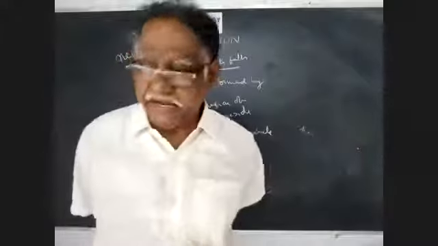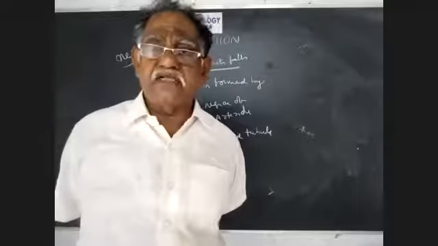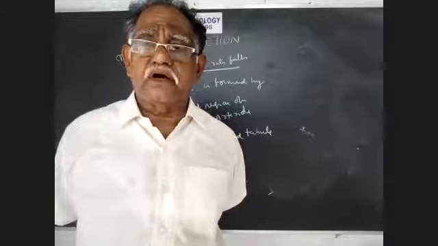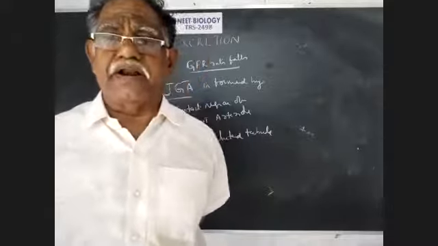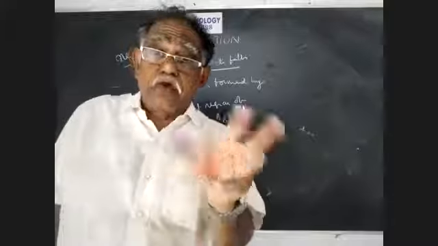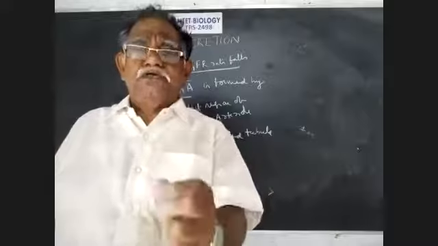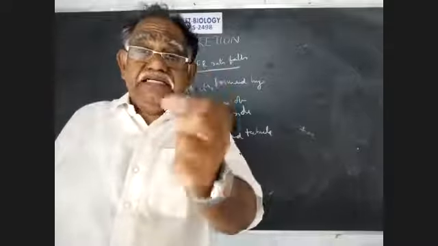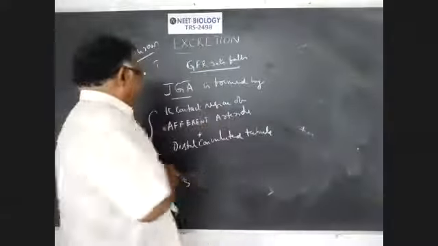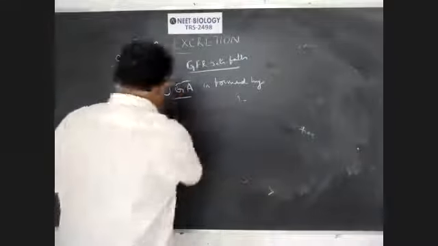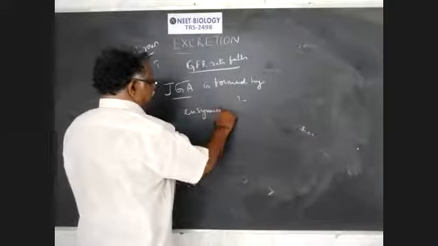So in kidneys, the efferent arteriole and distal convoluted tubule together constitute the JGA, juxtaglomerular apparatus, that regulates the GFR. Suppose GFR falls down, automatically JGA secretes an enzyme, renin.